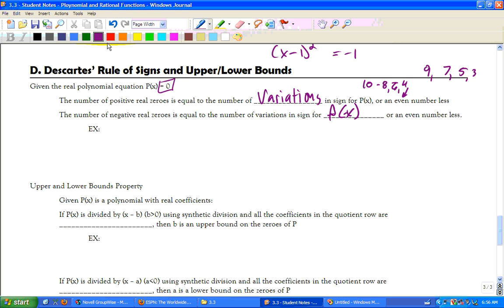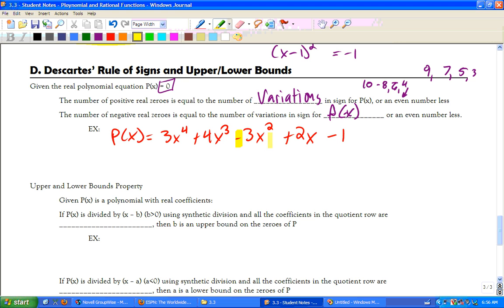So for example, if we were to say p of x equals 3x to the fourth plus 4x cubed minus 3x squared plus 2x minus 1. When we look at this equation, we see how many times it changes sign. We go from positive to positive, no variation.